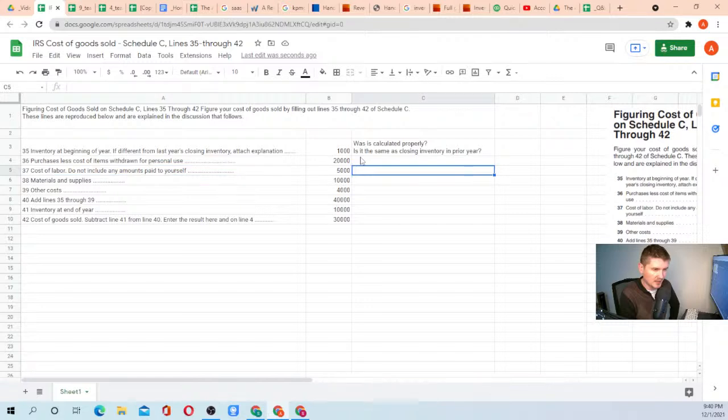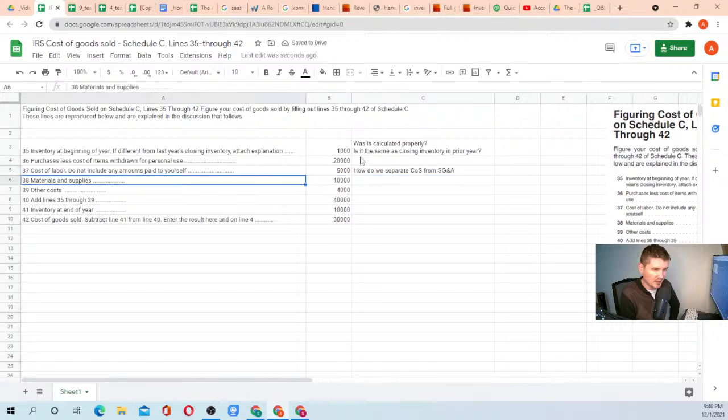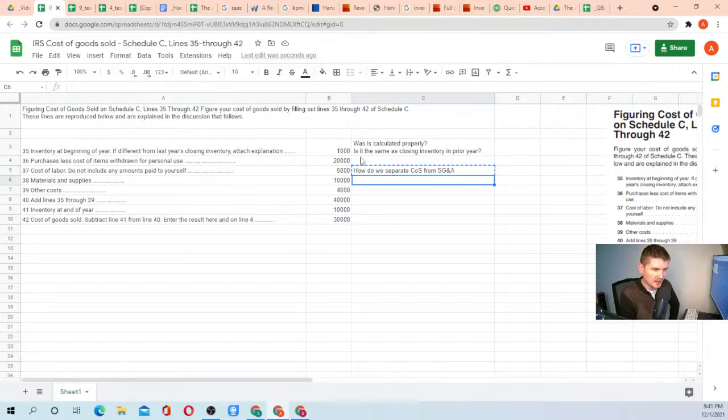Let's say, how do we separate cost of sales from, let's call it, SG&A. Materials and supplies: again, some materials and supplies might go to SG&A. It's not a big deal, I would say, but still, let's say it here.